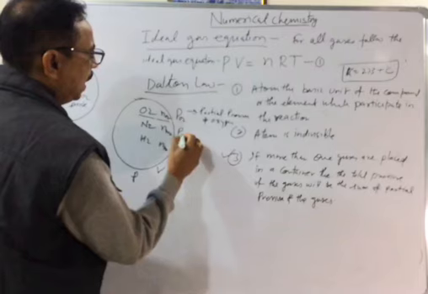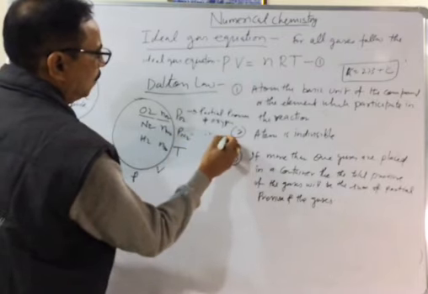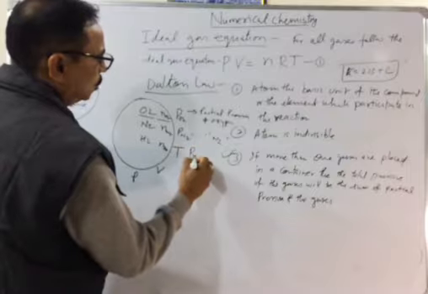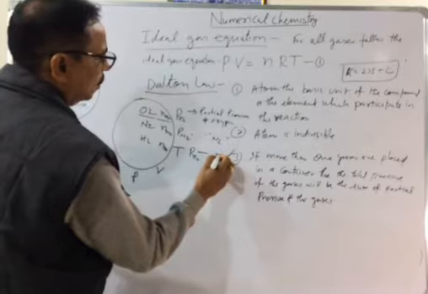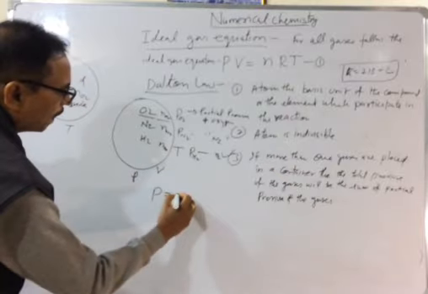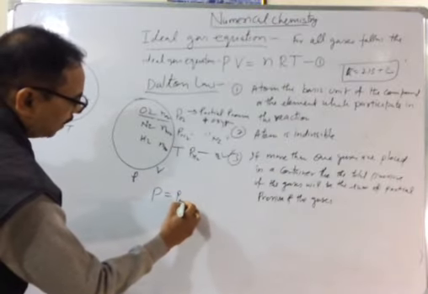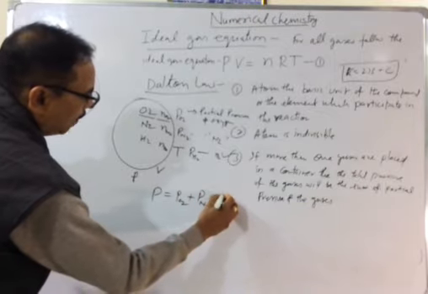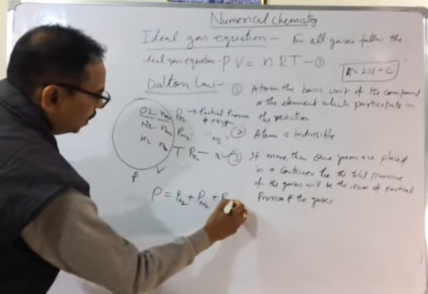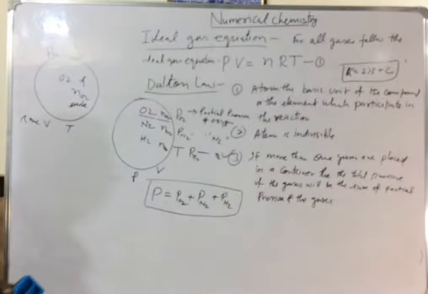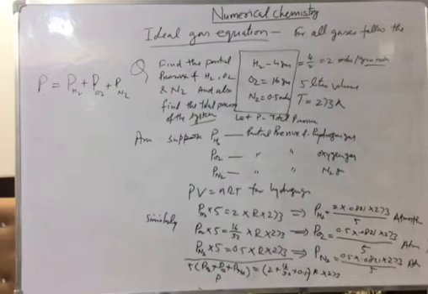Similarly, PN2 is the partial pressure of nitrogen, and PH2 is the partial pressure of hydrogen. Then total pressure of the vessel will be P equal to partial pressure of oxygen plus partial pressure of nitrogen plus partial pressure of hydrogen. This is the Dalton law.